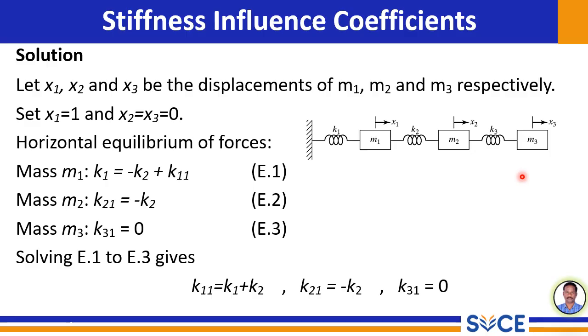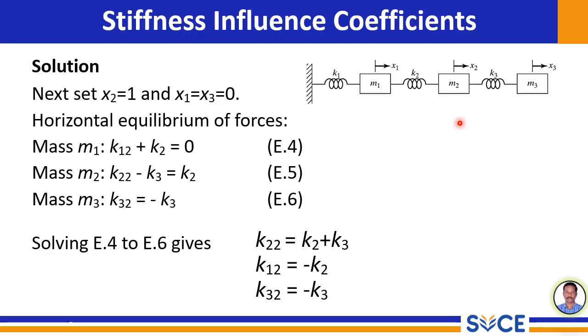For mass 3, the third spring is neither stretched nor compressed. No external force is required. That means K31 equal to 0. So, from this set of equations, K11 is nothing but stiffness K1 plus stiffness K2, K21 is minus, that is compressive, K2, and K31 is still 0.